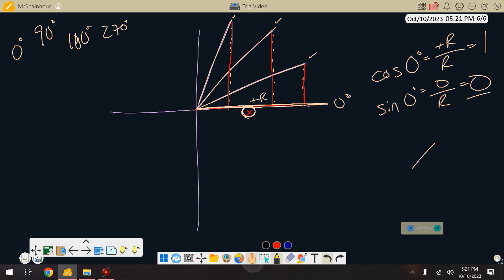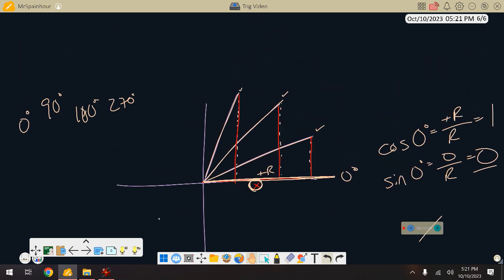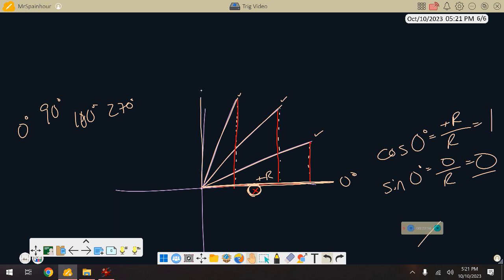None. By that logic, we can come up here to 90 degrees. What if the line was straight up? Let's go the opposite way with it. You can see that the adjacent side, which was bigger all the way out here, is now getting smaller. And as we get to 90 degrees, none of this is on the x.